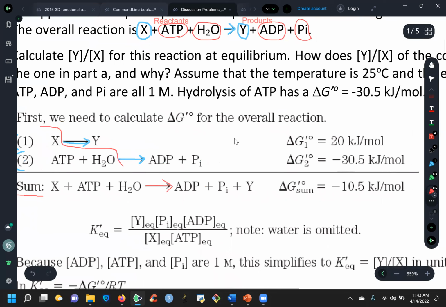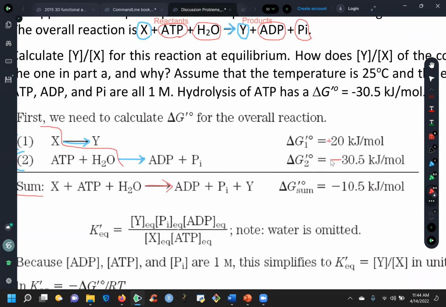So we were told that to go from X to Y, the standard free energy was 20 kilojoules per mole, and that was positive. Now here in the problem, they're telling us that the standard free energy change for ATP hydrolysis is negative 30.5 kilojoules per mole. So you're given both of this information.